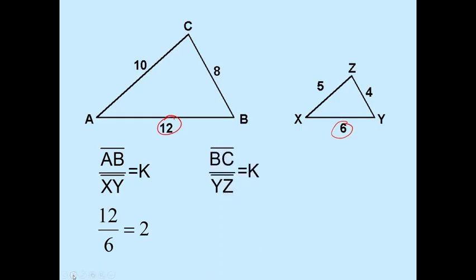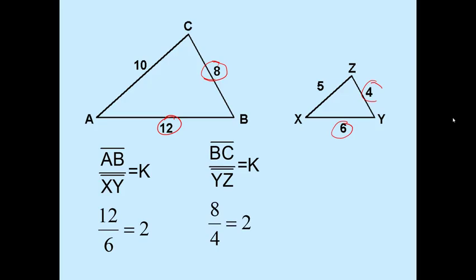Okay, let's try two other sides. BC, where's my BC at? Right here. 8 is proportional to what? 4. So let's try that. 8 divided by 4 is 2. Notice what our ratio is giving us: 2 every time. Let's do it one more time.